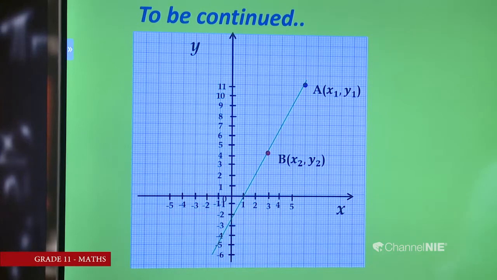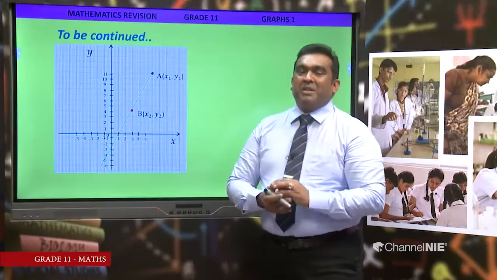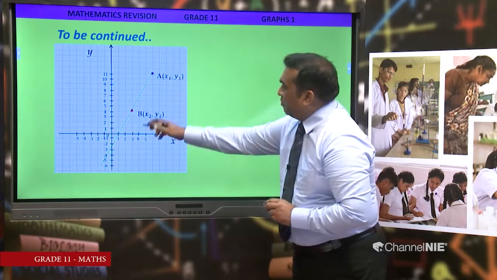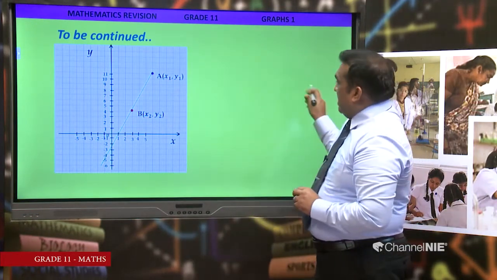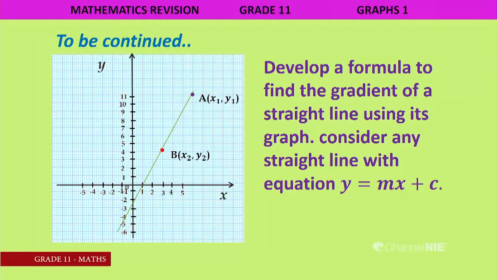Coordinate geometry. Using coordinates, we are going to define a very, very important mathematical concept. There are 2 distinct points. Now, develop a formula to find the gradient of a straight line using its graph.